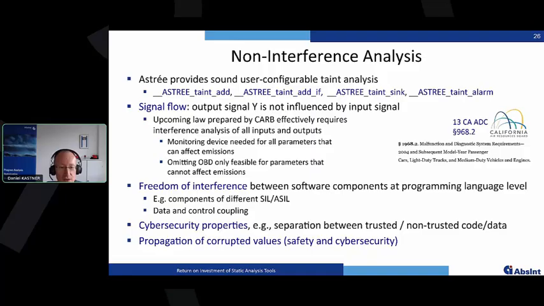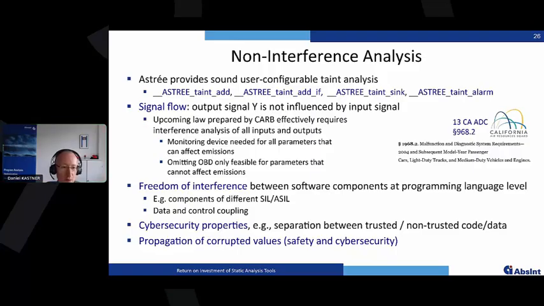And exactly such interference between signals is something you can show with R3. So basically you can taint, you can color certain input signals. R3 will automatically track how these colors can propagate through the program. And if they don't arrive at the particular output signal, you have proof of non-interference, so that input signal cannot affect this particular output signal.